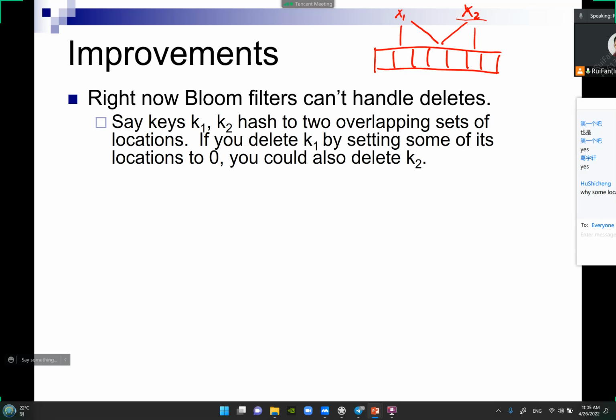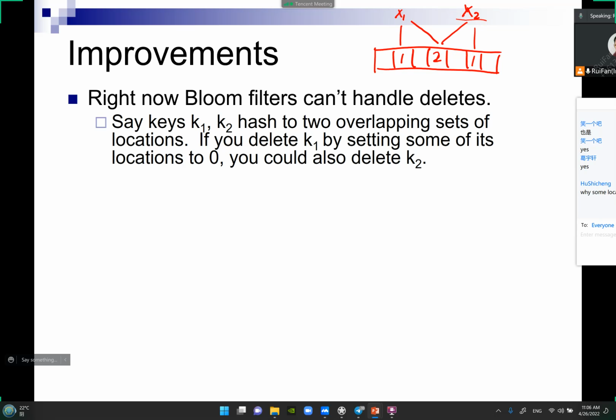Now each time you insert an item into an array location, you're going to increment the value at that location. So when you insert x1, initially they're all zeros, and now you set them to be ones. After that, if you insert x2, you're going to increment these locations. So this one is going to go from 0 to 1, but this value over here is going to go from 1 to 2.